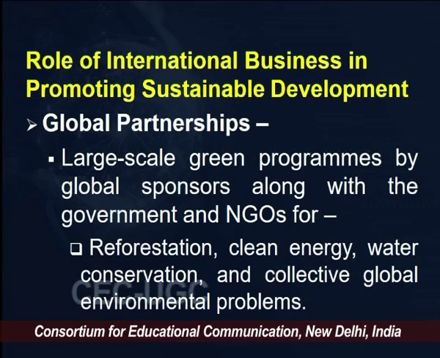Then global partnerships. Large scale green programs by global sponsors along with the government and NGOs for reforestation, clean energy, water conservation and collective global environmental problems should be there, that is why global partnership should be fostered. Environment friendly product.